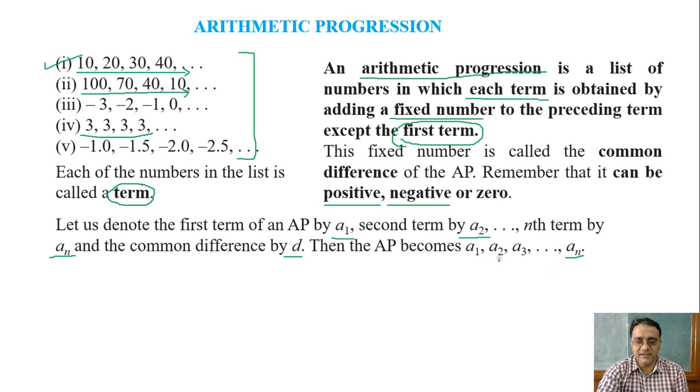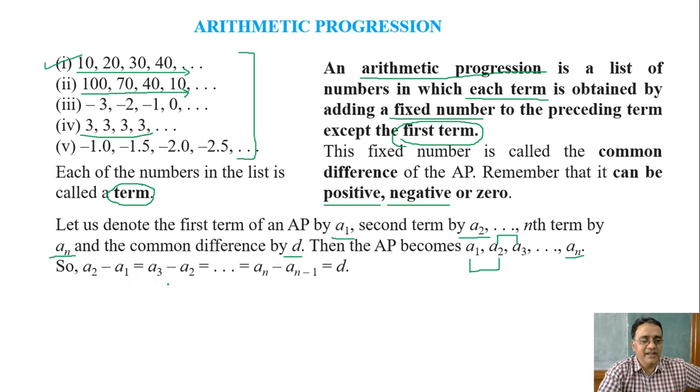And the difference between these two, A2 minus A1, what is it? D. And what is A3 minus A2? D. Right. So A2 minus A1, A3 minus A2, so on, AN minus AN minus 1 is equal to D. It means if you subtract any term from its preceding term, then we'll get the common difference.